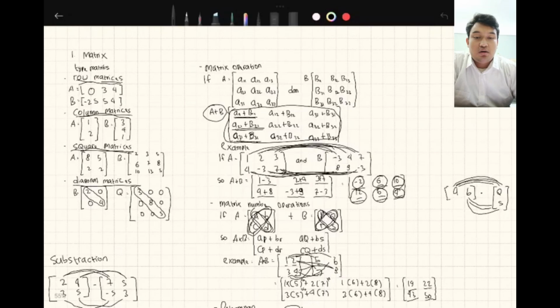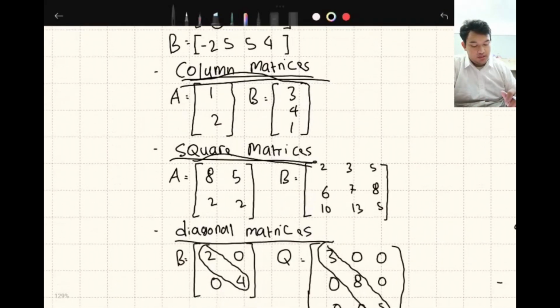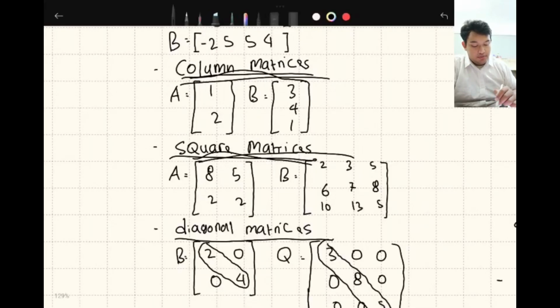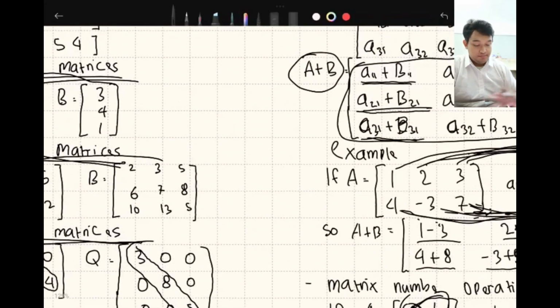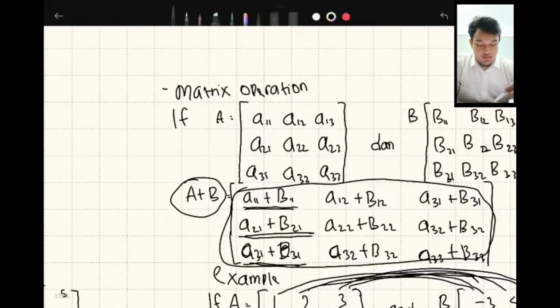Well, here are some types of matrix, namely row matrix, column matrix, square matrix, and diagonal matrix. Here is matrix operation. The operation of addition and subtraction only works on matrices of the same size, for example like this.